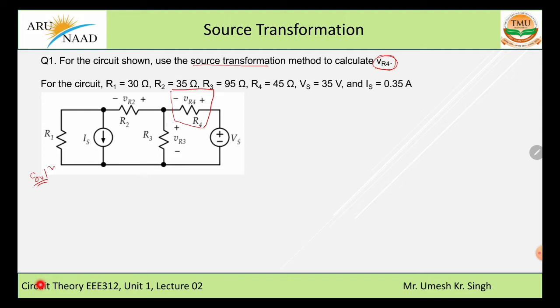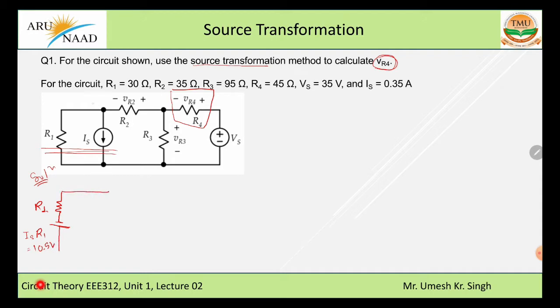I am redrawing this circuit and converting this current source into a voltage source. Look at the conversion. When I convert, this value is R1, as the value of resistance doesn't change, and the polarity will be the same, as the plus sign will be in the direction of current. So Is into R1, and when we solve we will get 10.5 volt.